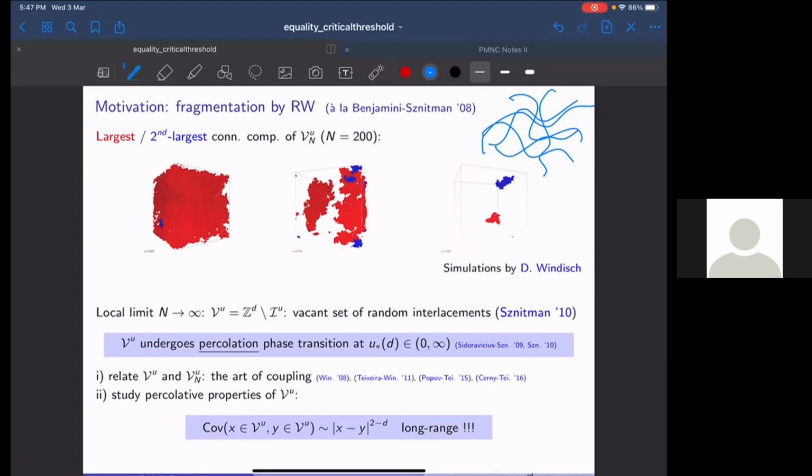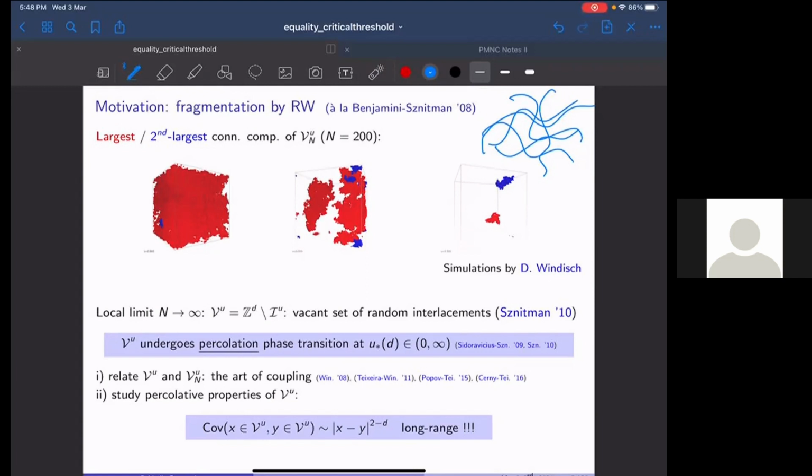And the fact is, they form a unique cluster, no matter how small the intensity is. For all u positive, you have a unique cluster. Here you see Burton-Keane's argument is not available; you have to come up with more sophisticated versions of it, because you don't have so-called insertion tolerance and such.